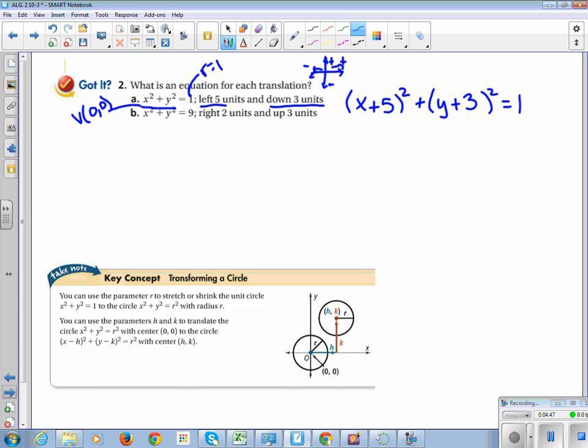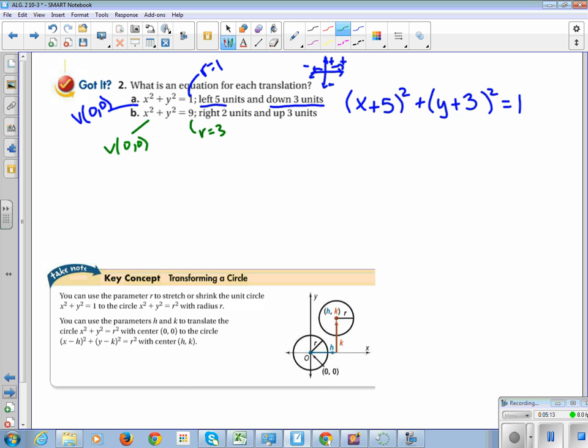Let's try that again with x squared plus y squared equals 9. The radius is 3, and because we're just translating, it's going to remain 3. My center here is, again, at 0, 0, because there's no adding or subtracting next to the x value or the y value.